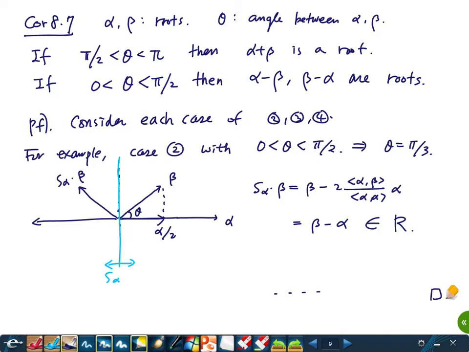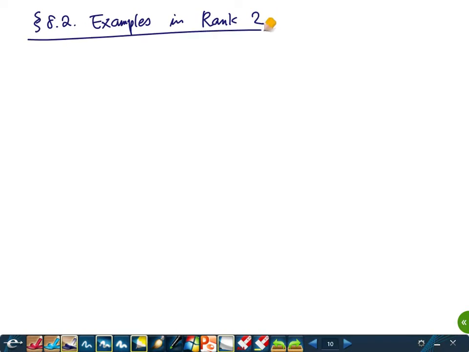And let's see some examples in the rank 2 case, R2. So section 7.8.2, examples in rank 2. In this case, we can easily draw all the possible root systems. Of course, we have to start with rank 1, but this is almost trivial.